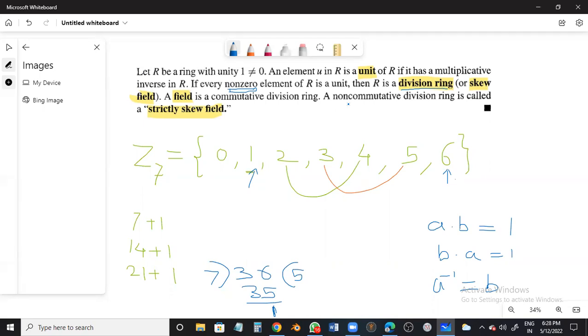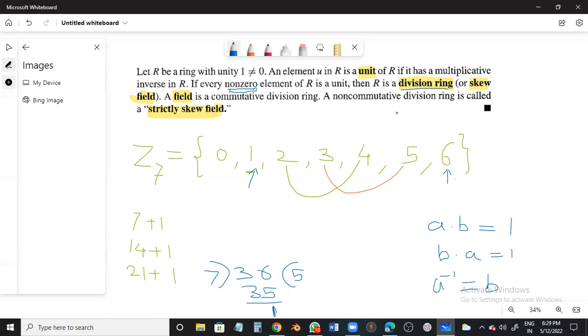As far as the set of real numbers is concerned, it is a ring. Every non-zero real number is invertible. You know, if A is a real number, then 1 by A is also a real number, provided A is non-zero.